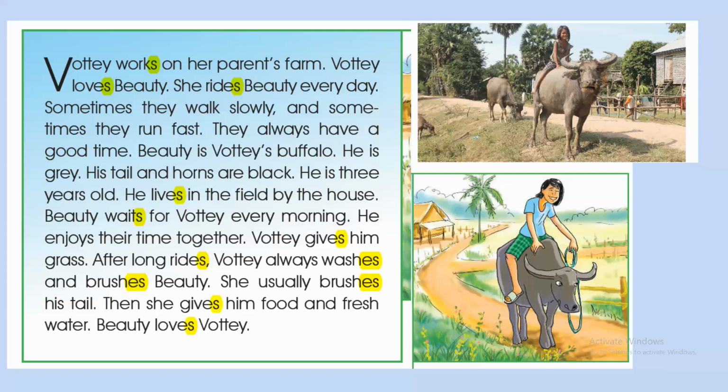She rides. So rides we pronounce with z. Now let's go to here, live. This is the v sound, and then the z sound. He lives in the field by the house.